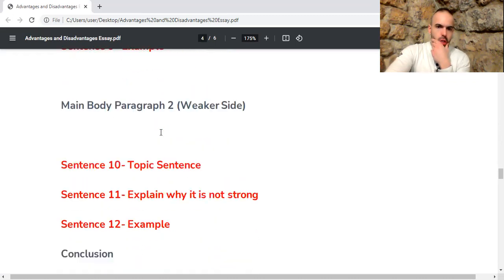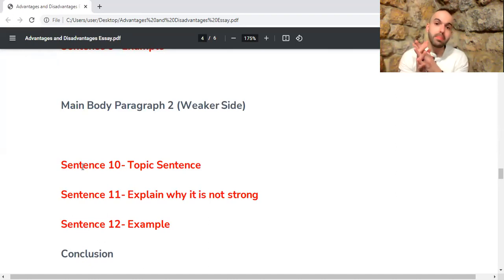Okay. So in the main body paragraph 2, which is the weaker side, if you, for example, chose advantages over disadvantages, then main body paragraph 2 will be about disadvantages. The first sentence, as usual, is the topic sentence, where you write the same disadvantage that you have already written in the introduction.